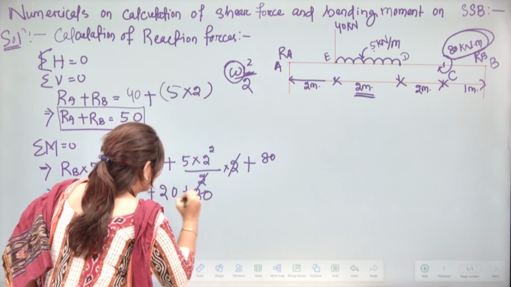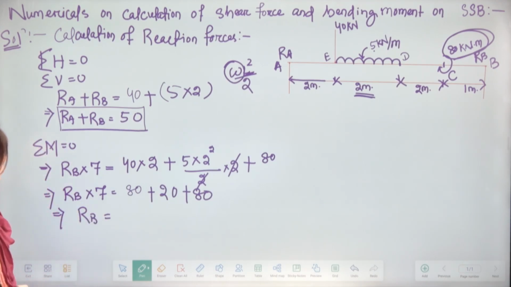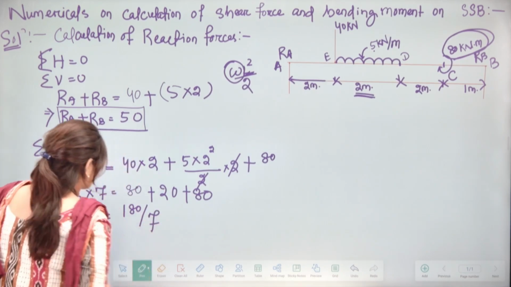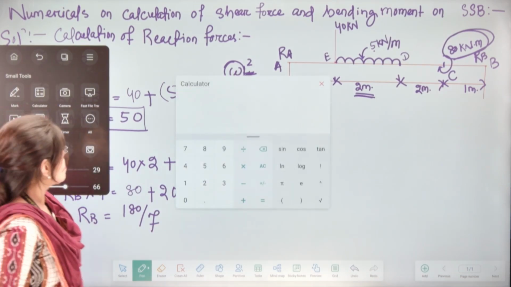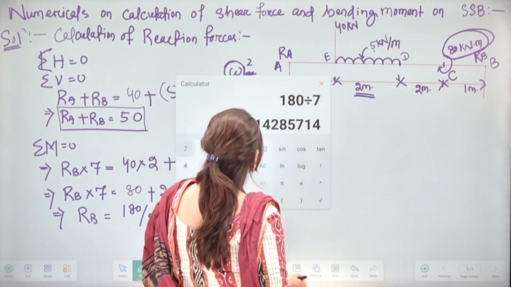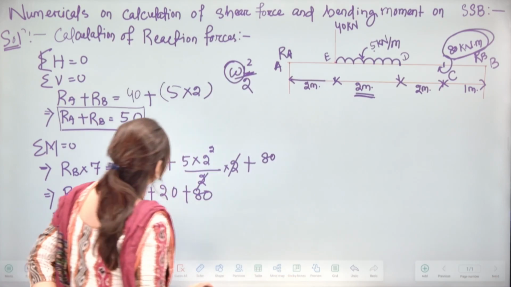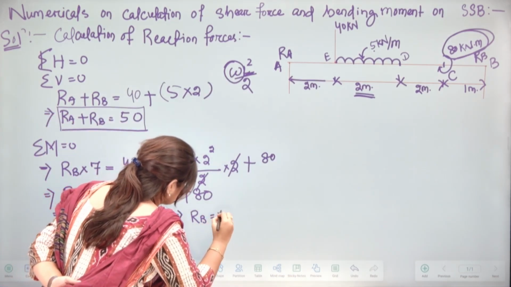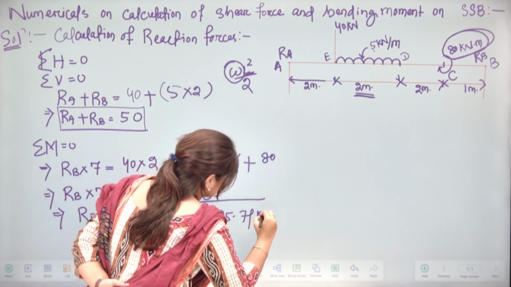So this Rb is equal to 180 upon 7, we have 25.71 kilonewton.